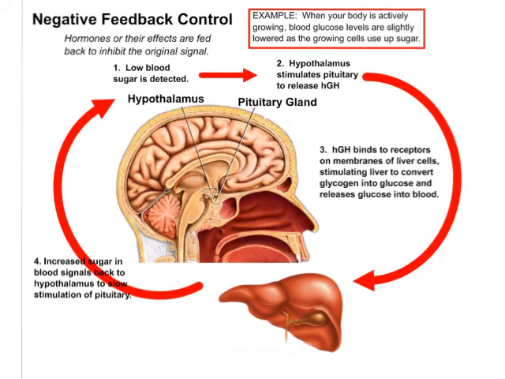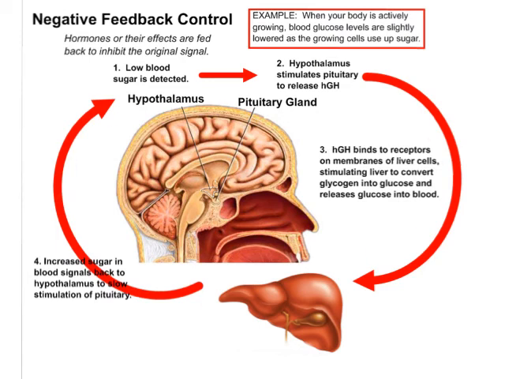Now let's take a look at one more important mechanism used by the endocrine system, and that is negative feedback control. Hormones or their effects are fed back in a loop to inhibit the original signal. So we see that loop right here, and we're going to look at this example.